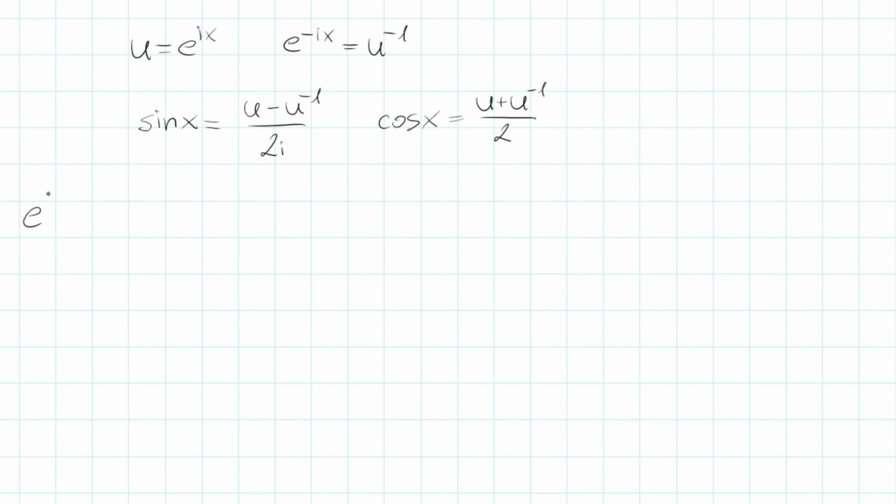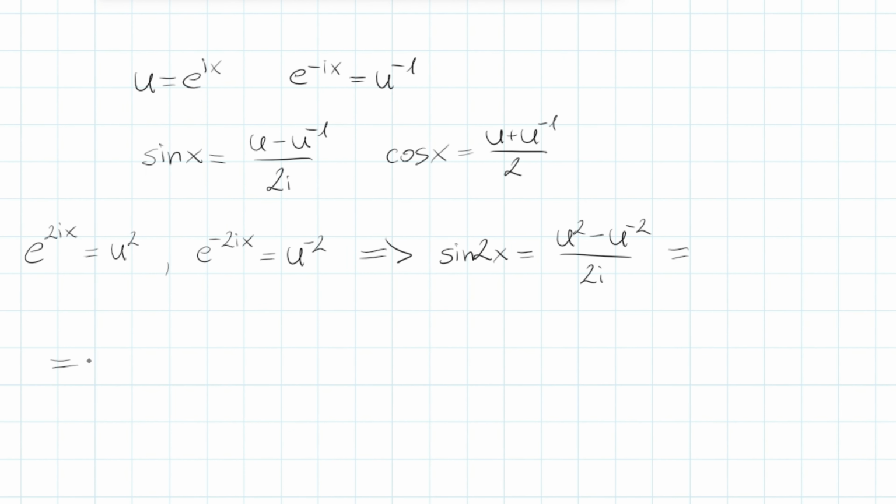Note that e to 2ix is equal to u squared, and e to minus 2ix is equal to u to minus 2. Therefore, sine of 2x is equal to u squared minus u to minus 2 all over 2i. Here comes algebra. The difference of squares, a squared minus b squared, is equal to a plus b times a minus b.